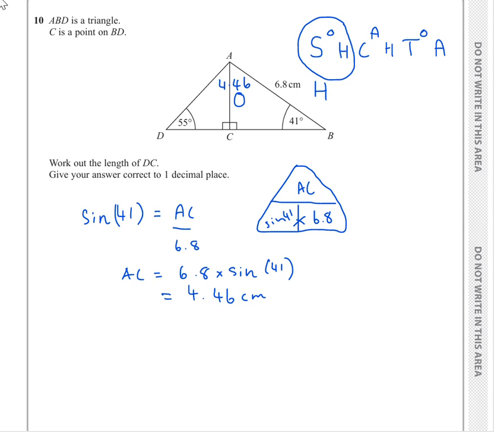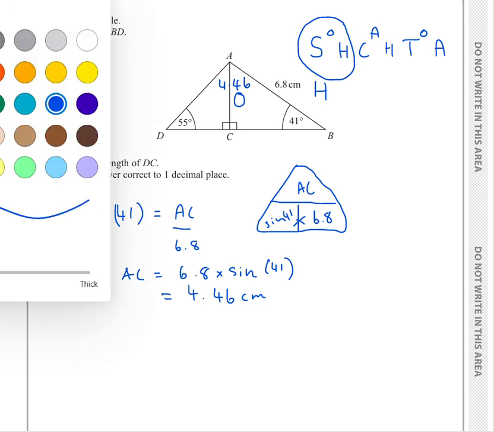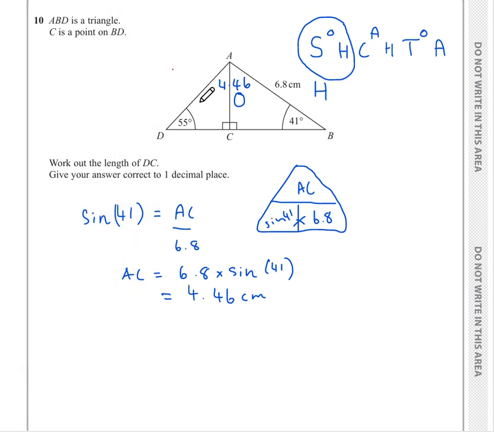Okay, so again, let's have a think about which sides we've got involved. I'm going to change colours here. So DC is next to the angle, isn't it, or adjacent? And this side over here, conveniently, is going to be my opposite side again. So this time, I want to use tan. So tan of my angle, 55 degrees, is going to be equal to opposite, which is 4.46, divided by DC.